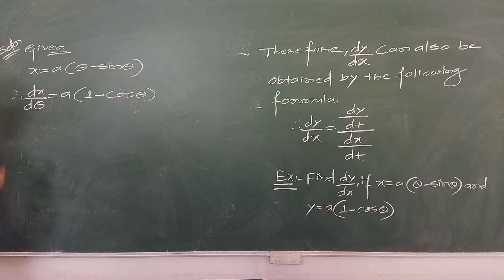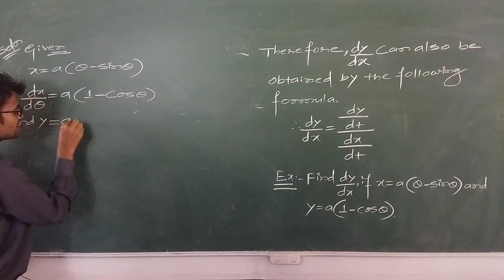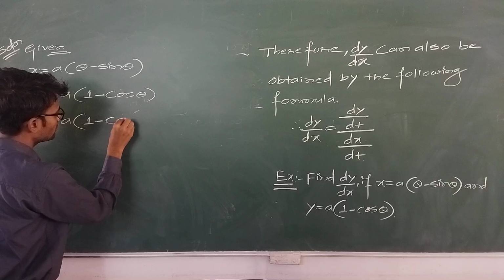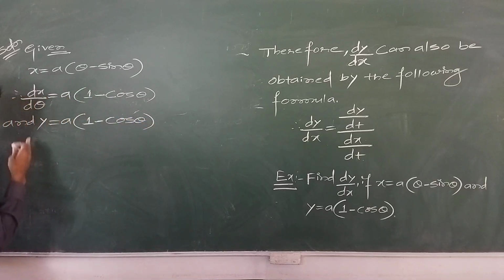Next, go for the value of y. I will write the value of y equal to a inside bracket 1 minus cos theta. Now, you find the derivative of this, you find dy by d theta.